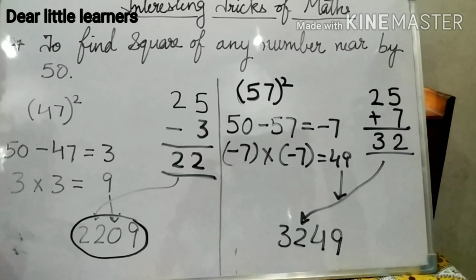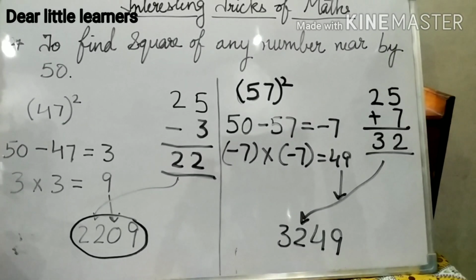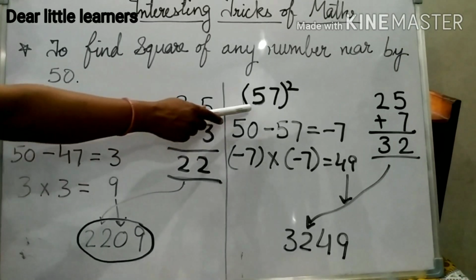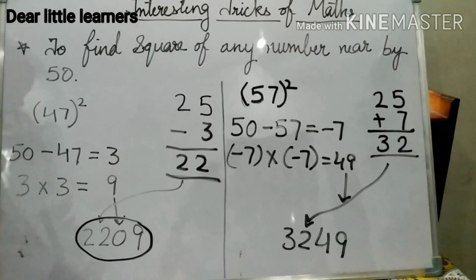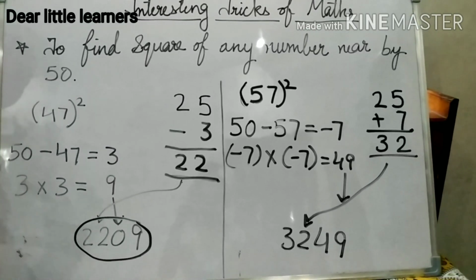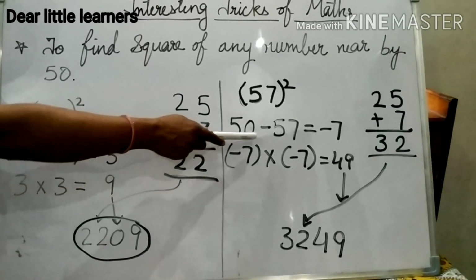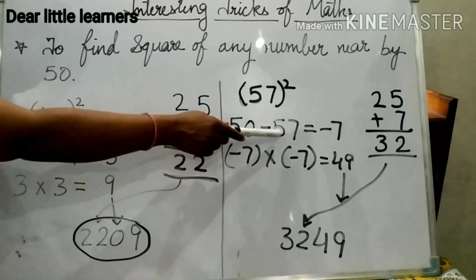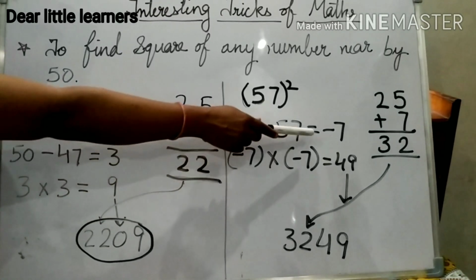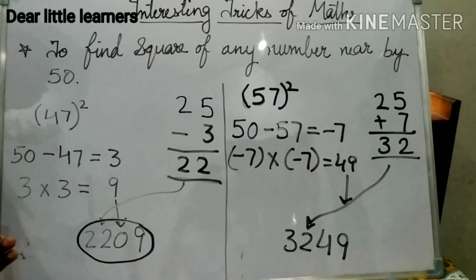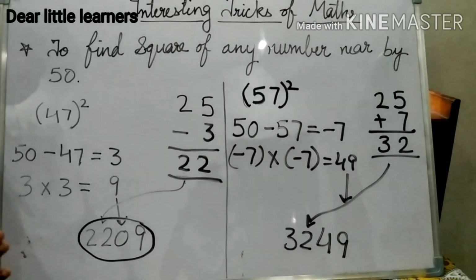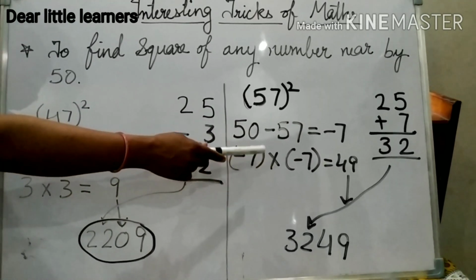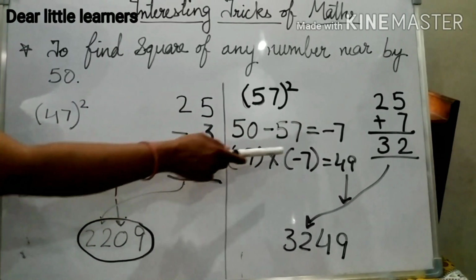Now I am telling you one more trick: what we have to do when we have a number which is greater than 50. For that I have taken 57. So we have to find the square of 57. We will subtract 57 from 50. When we subtract 57 from 50, we will get the answer minus 7. Yes children, we will get minus 7. So we have to find the square of 7.